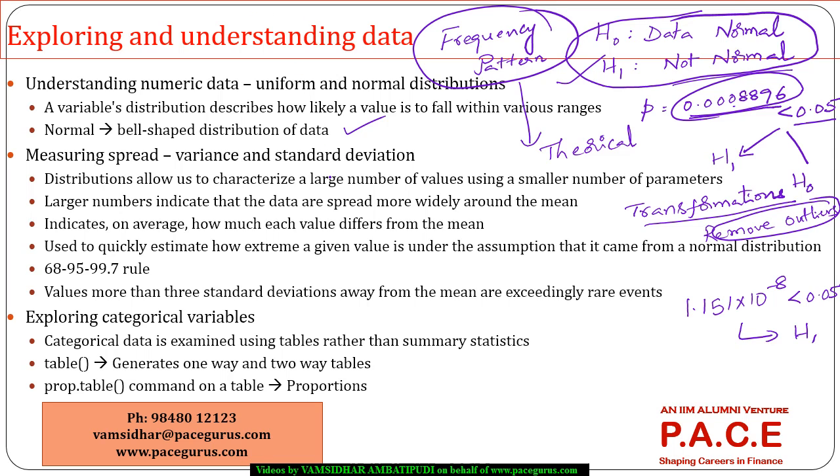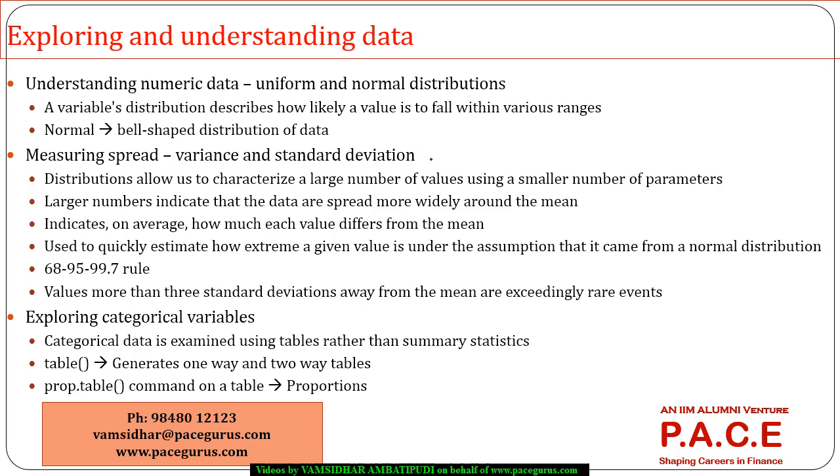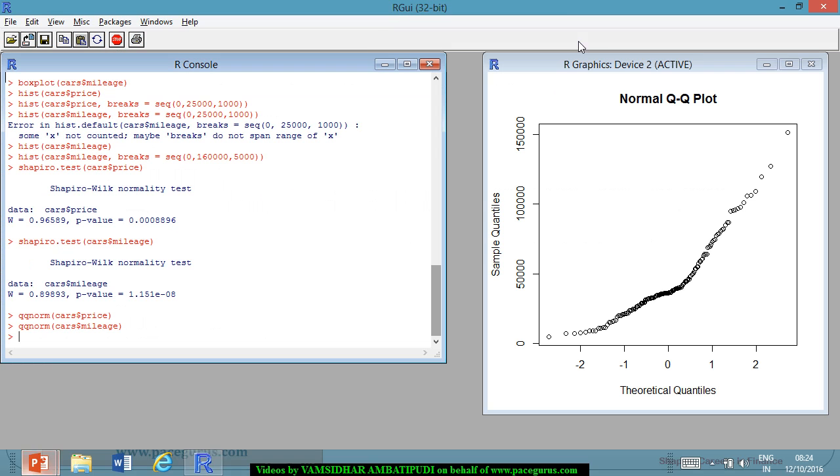Then once we are looking at the data, we are also looking at measuring the spread, the variance and the standard deviation of the data. When I look at the variance or standard deviation, I check if it is very large with respect to the mean.